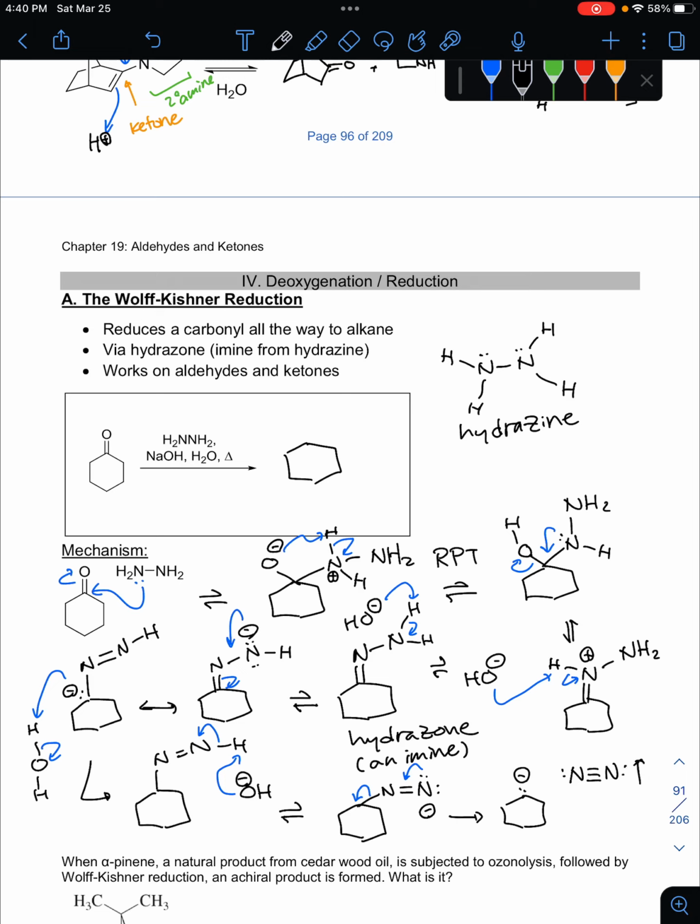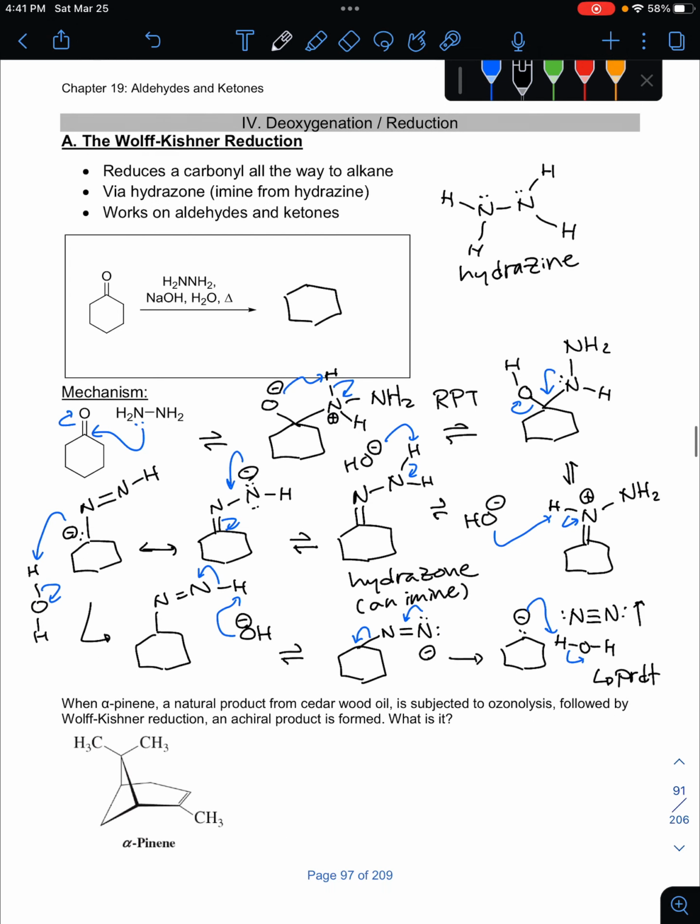Remember that upward arrow means evolution of a gas, and once this grabs a proton from water, now that's the product, right? And so that's how Wolff-Kishner reduction works.